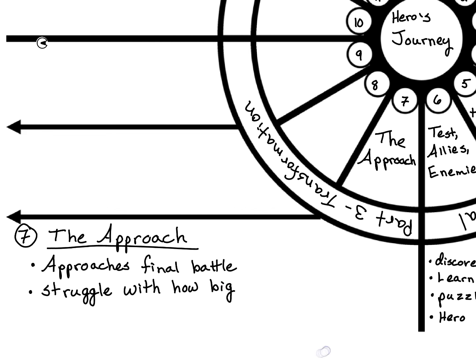Even with everything they've learned, even with all of the friends they've made, even with their mentor teaching them everything they know, it is still a gigantic task. And so in this section, they prepare for the final struggle.